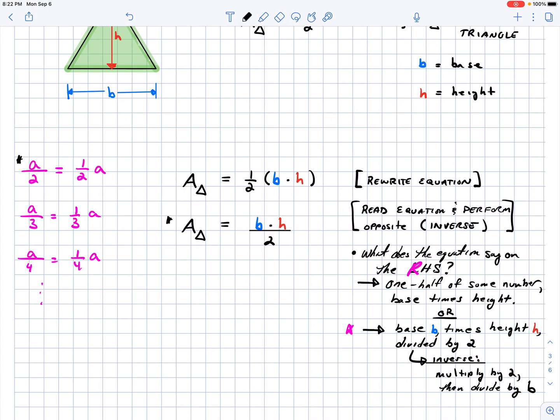Okay, so what's the opposite of this? It's multiplying by 2 and dividing by b. Oh, okay. So let's do this in steps. So 2 times this variable called A, so it's capital A with the little triangle. So that's a variable. We are then going to have it equal to what? b times h.